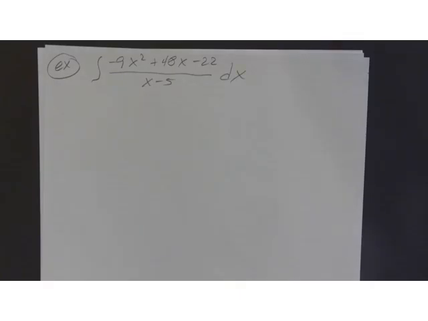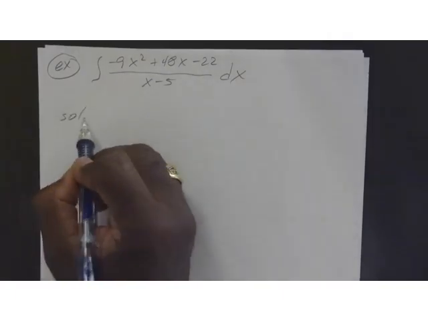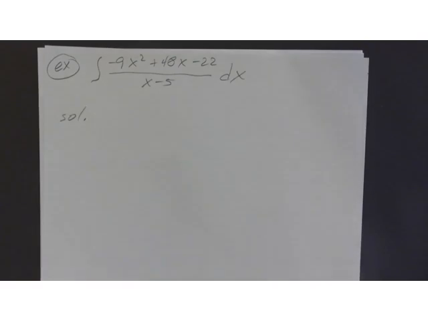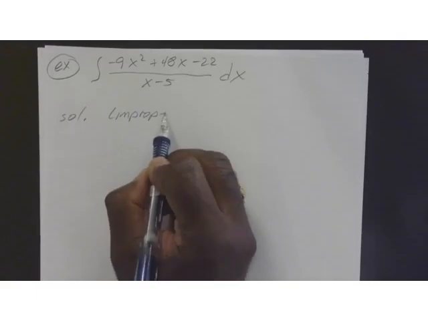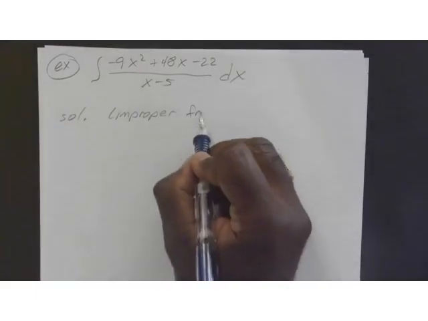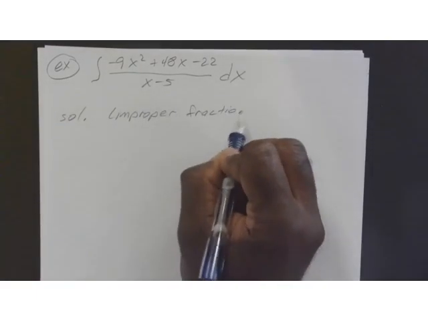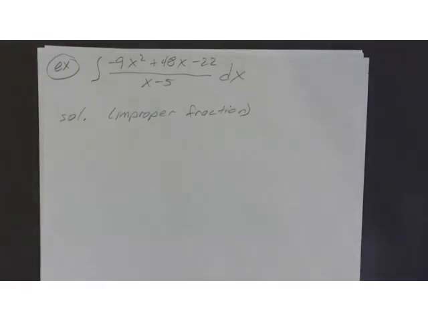Okay, so we can see this is an improper fraction. Numerator is much larger than the denominator. So since we have an improper fraction, we can just go ahead and divide it and simplify that entire function.